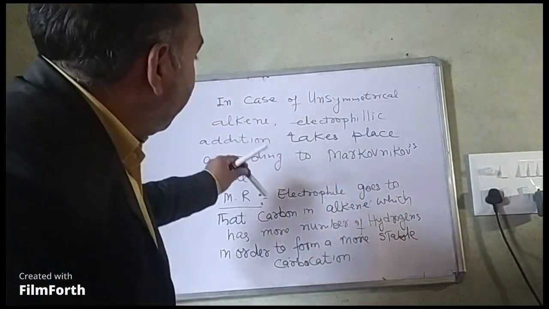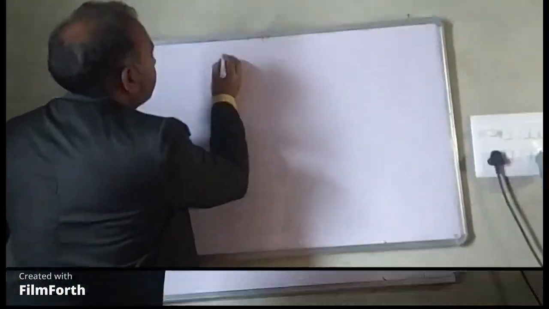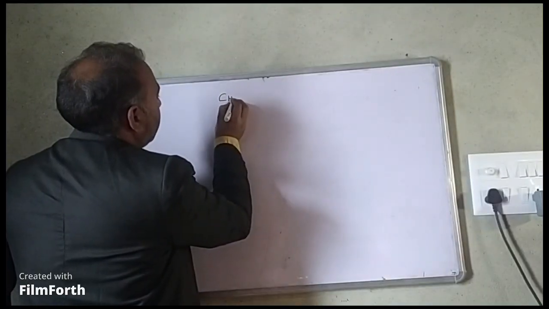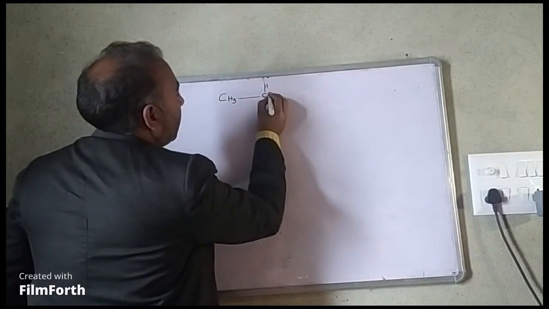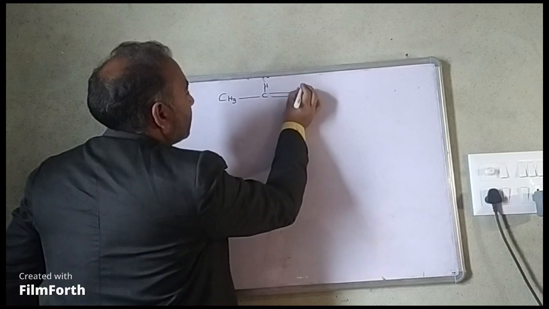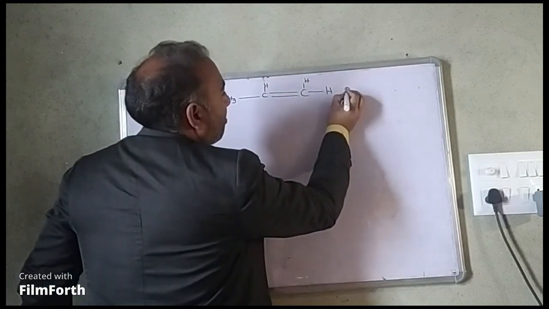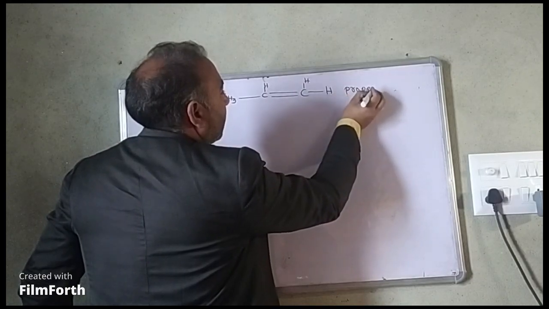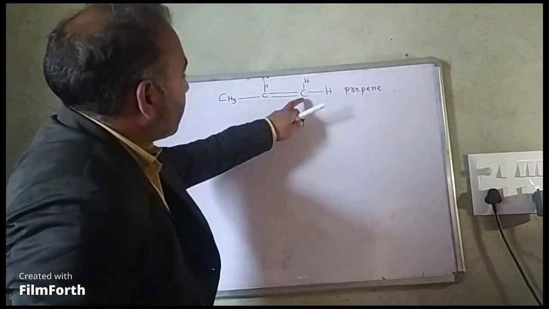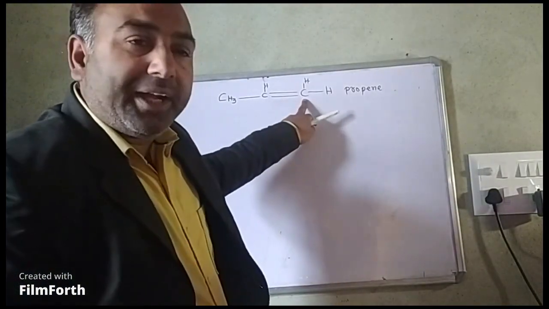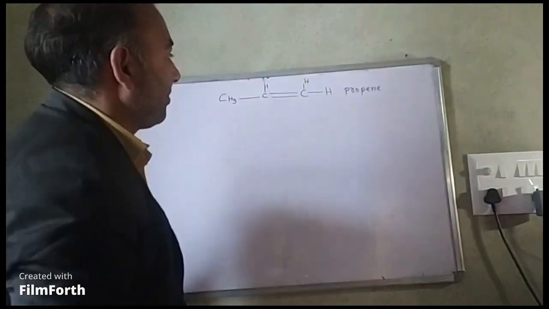I will explain this Markovnikov's rule with a suitable example. CH3CH=CH2. It is called propene. You can see its structure. This terminal carbon has 2 hydrogen atoms and the middle carbon has only 1 hydrogen.